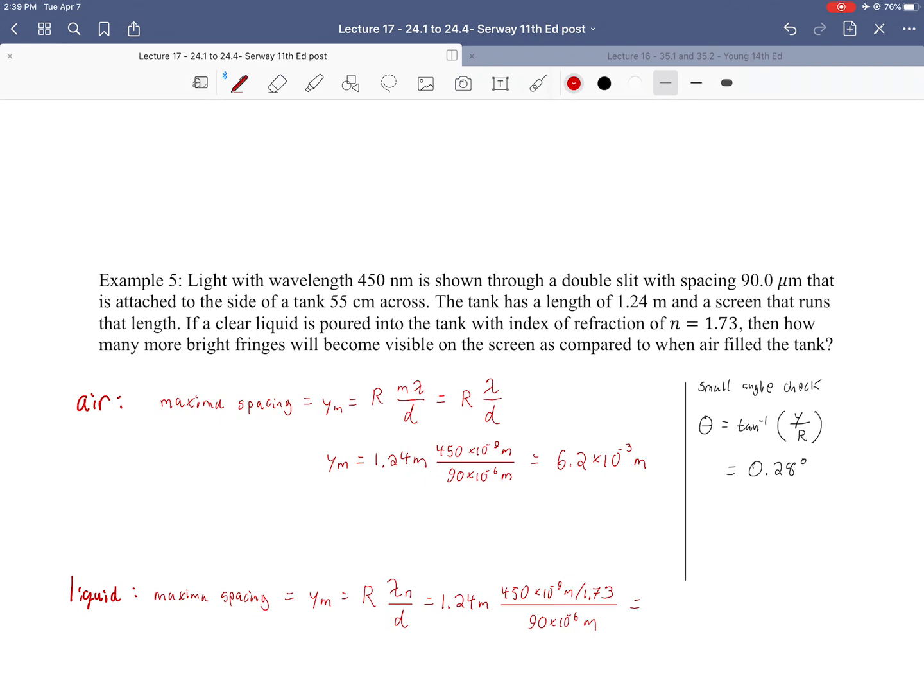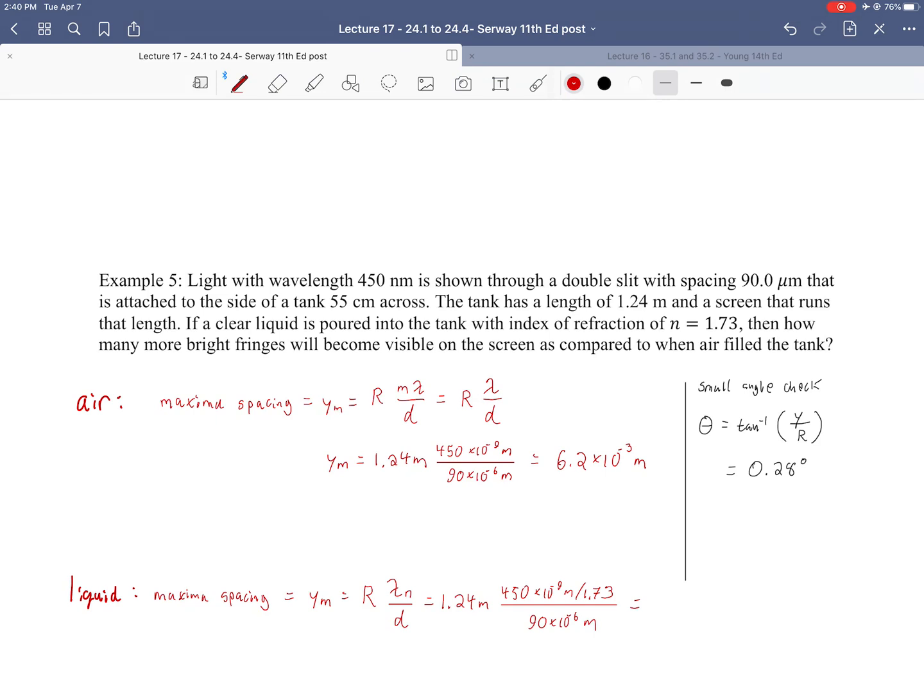Okay, and so then that's going to give us a spacing of bright spots of, let's see, the difference is instead of 450, it's going to be 450 divided by 1.73, which ends up being 260, right? So indeed, it's shorter. And in fact, it becomes an invisible light, right?